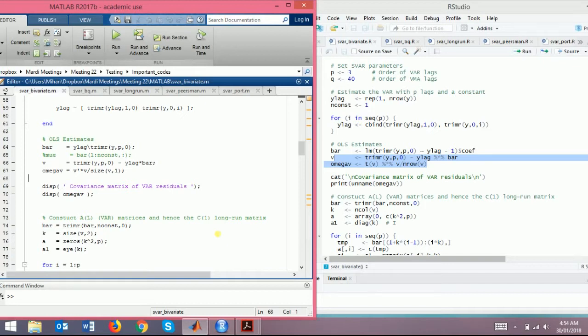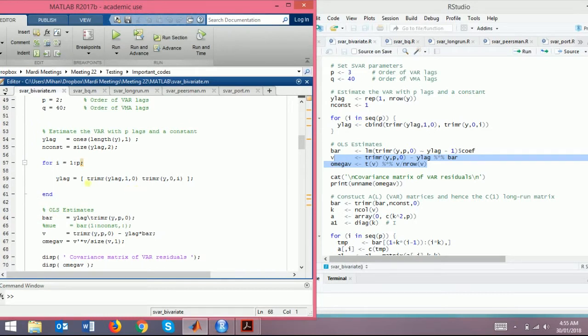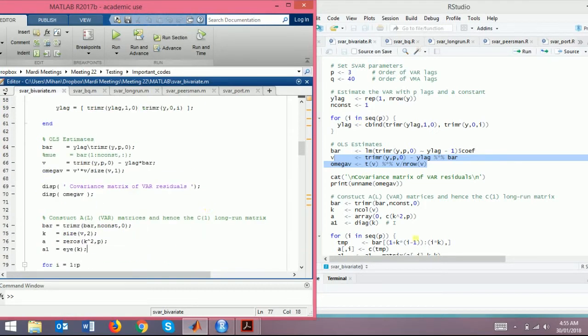So we have defined the lag matrix. We did the OLS estimate with a loop. Beautiful. Because for as many autoregressive parameters as we have, correspondingly we will have that many series, that many ylags and x's, that will give us a good matrix.